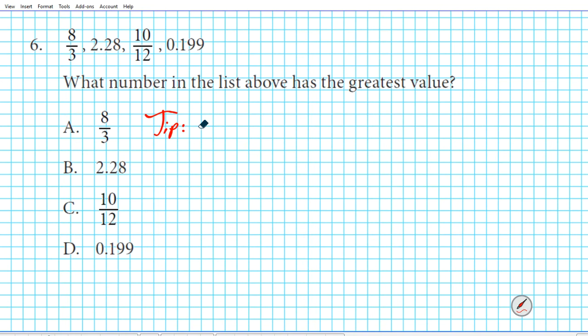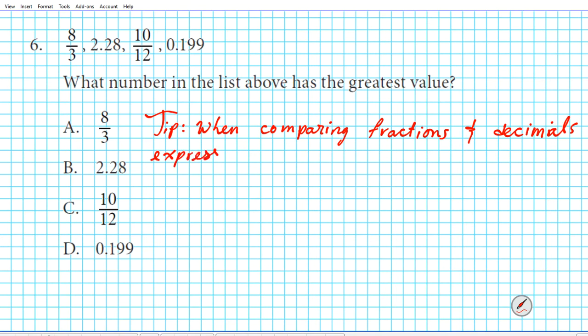A tip to keep in mind is that when comparing fractions and decimals, and by comparing I mean ordering them from least to greatest, or finding which is the smallest or which is the greatest, you want to express all the numbers as decimals.